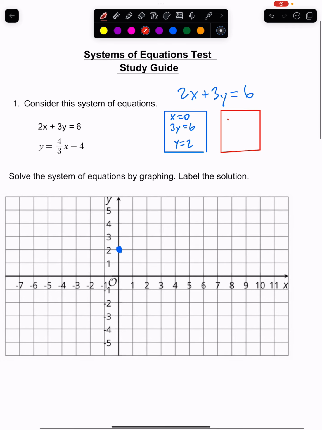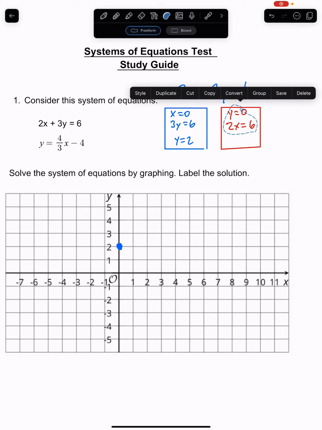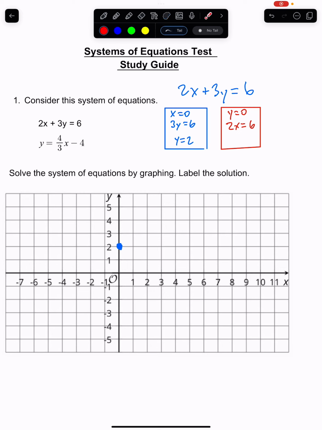So when y equals 0, 3 times 0 is 0. All we got left is 2x equals 6. Now we divide both sides by 2. We found out that when y is 0, all we got left is 2x equals 6.